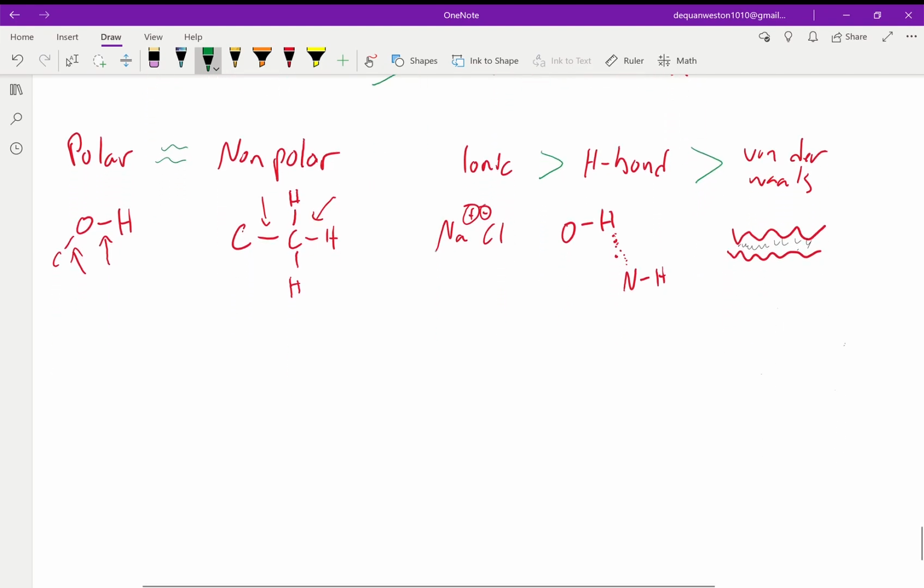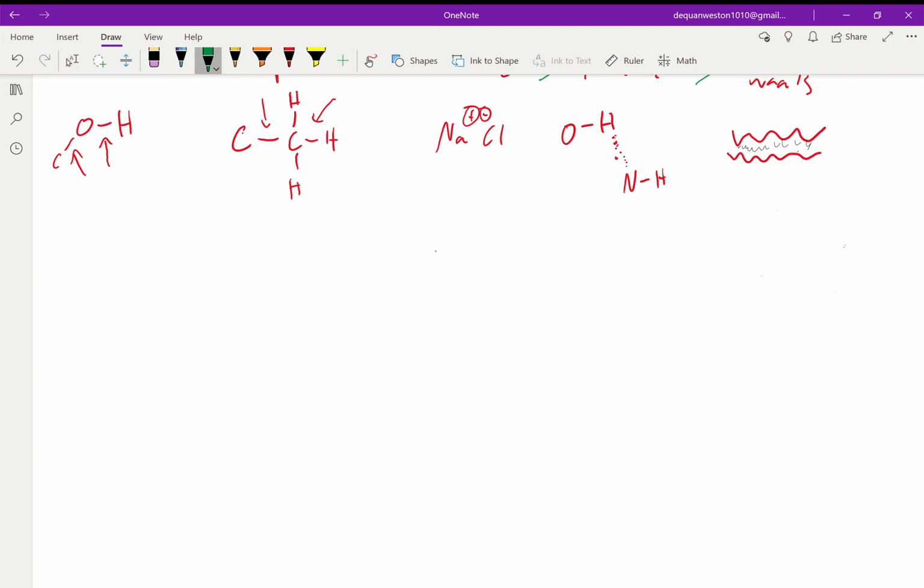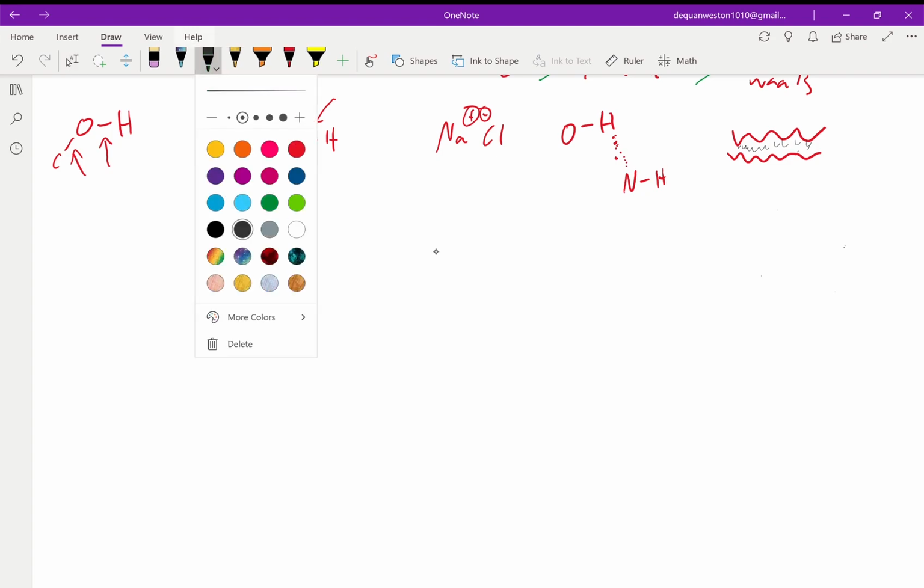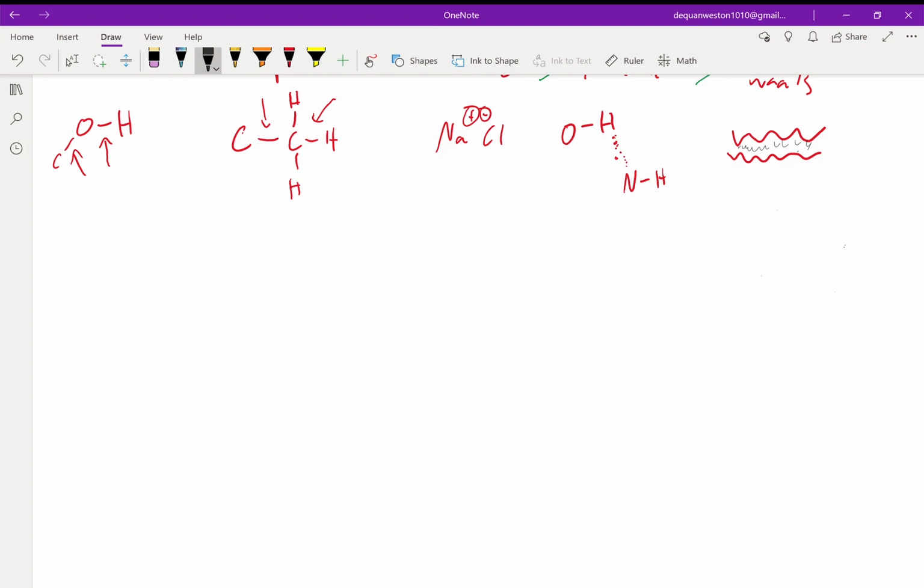So we'll go and do some line structures. So I'm going to do a couple examples. And I've said it a few times, but the only way you're going to get good at these is just doing a whole lot of them.